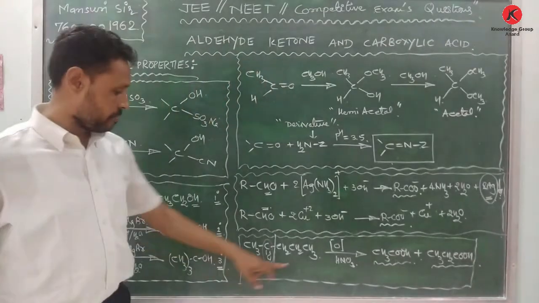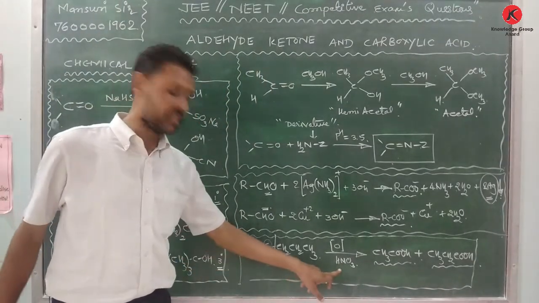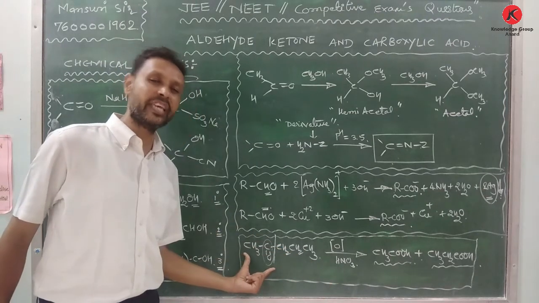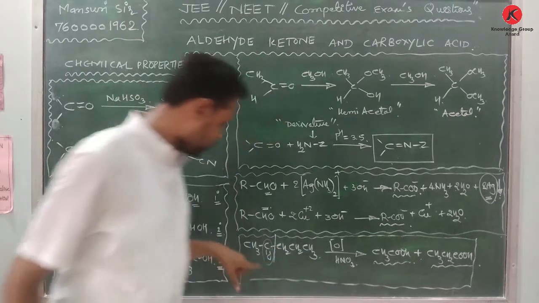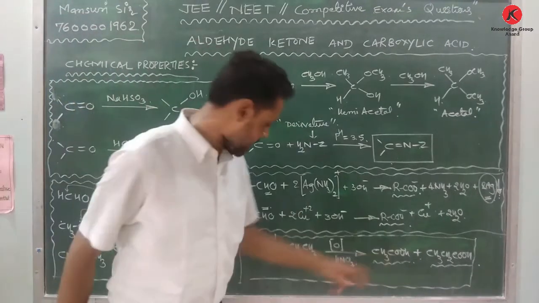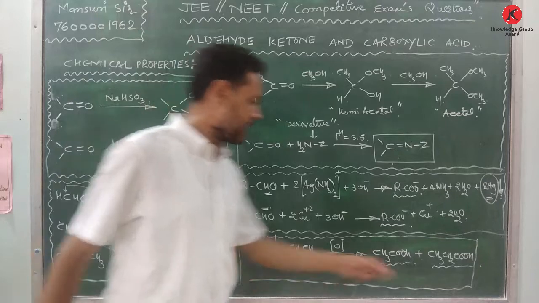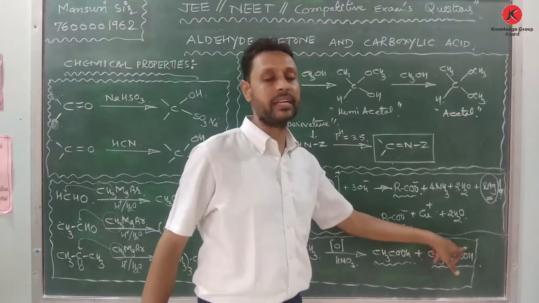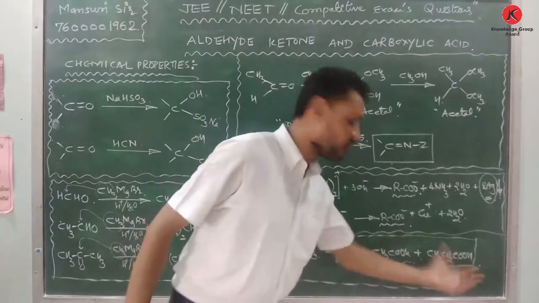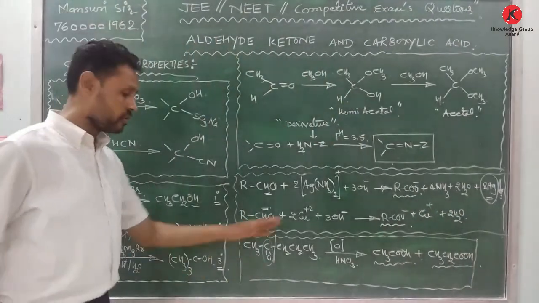So here, when propan-2-one reacts with a highly oxidizing agent, oxidation is taking place. That is why a 2 carbon carboxylic acid like acetic acid and a 3 carbon acid, that means propanoic acid, are formed. So here ethanoic acid and propanoic acid are formed by oxidation of ketones.